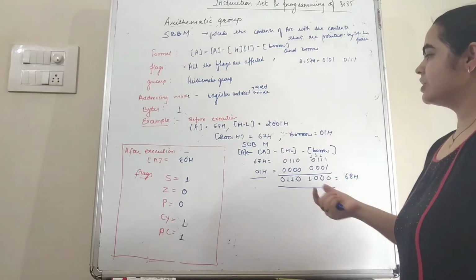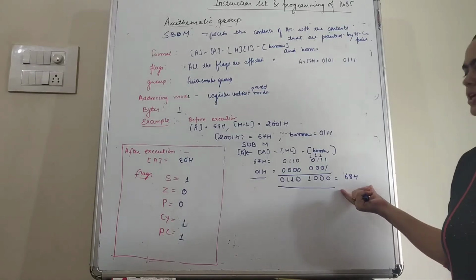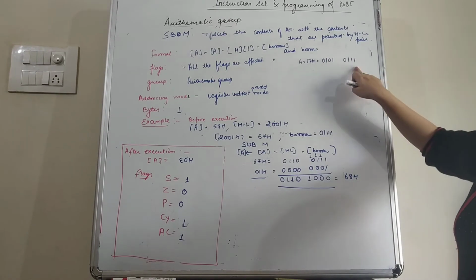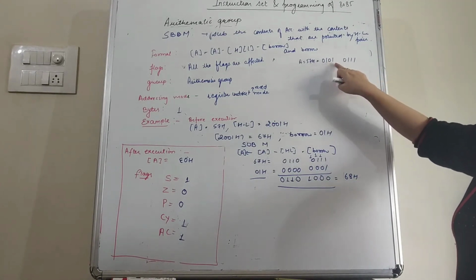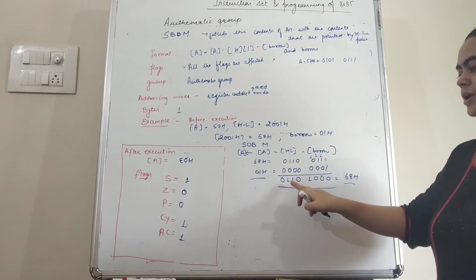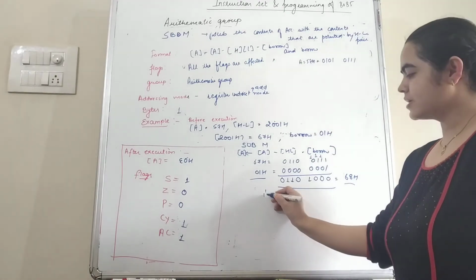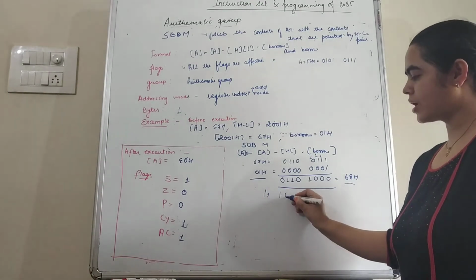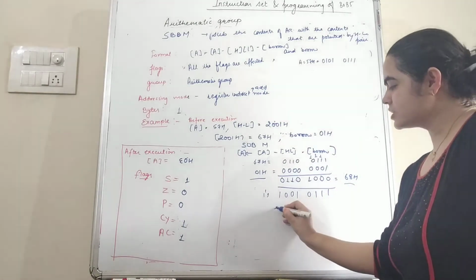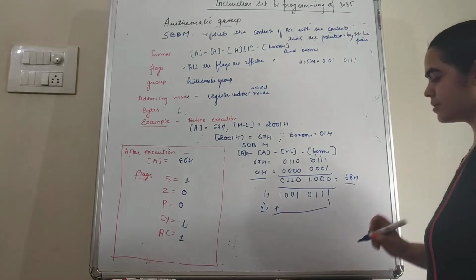And initially for 68H we can find the 2's complement, and after finding the 2's complement then we can add that number with 0, 1, 0, 1, 0, 1, 1, 1. So 68H means 0, 1, 1, 0, 1, 0, 0, 0. So initially we can find the 1's complement. 1's complement is 1, 0, 0, 1, 0, 1, 1, 1. After this, to find the 2's complement, we can add this number with 1.